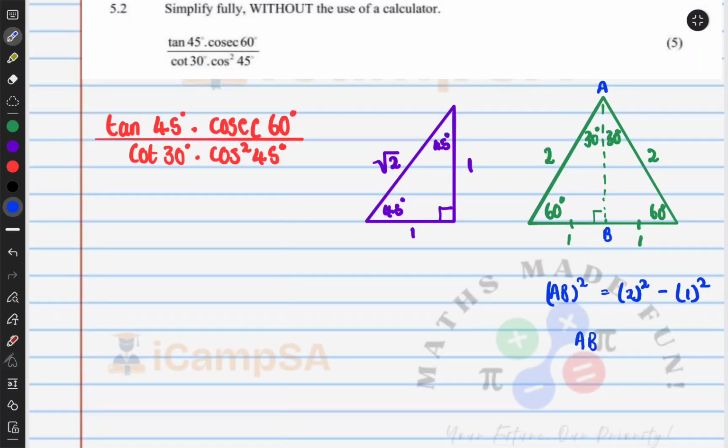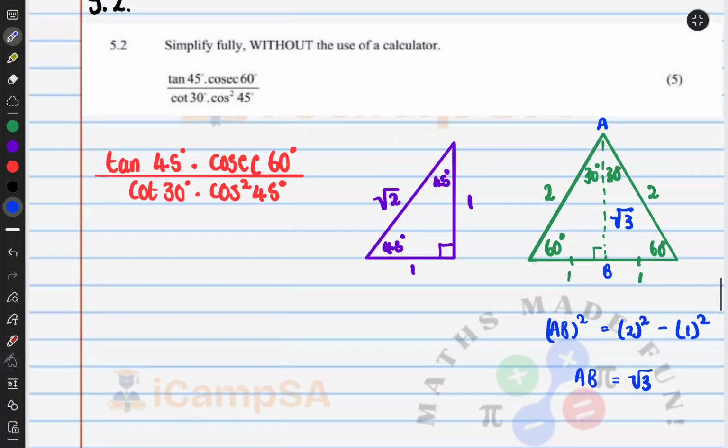Therefore AB is equal to root 3. Those two triangles will give you the special angles. You don't have to draw them in the exams, but if you have forgotten, just quickly draw the sketches. It didn't even take me 3 minutes to draw this.